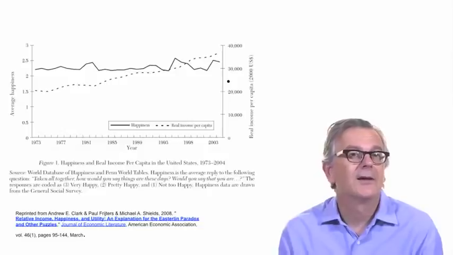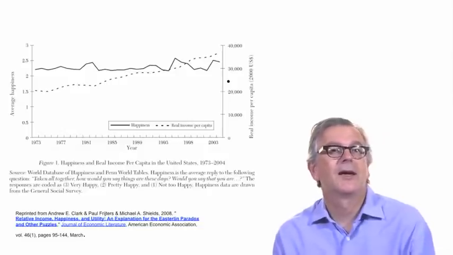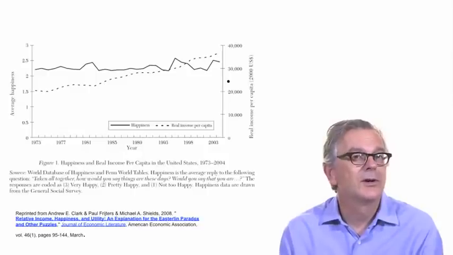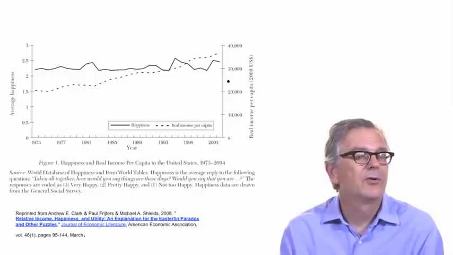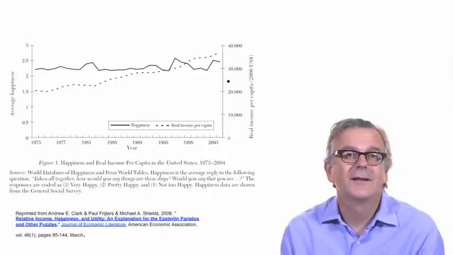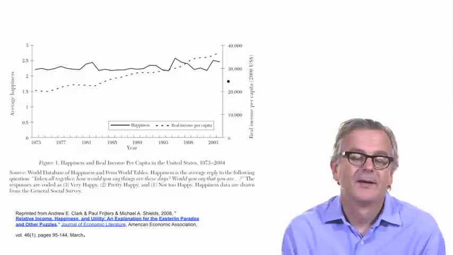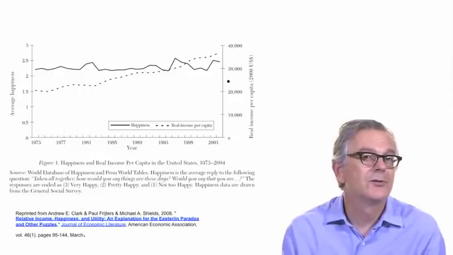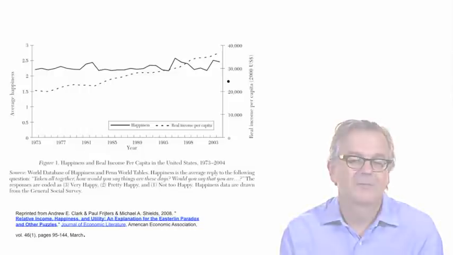Ultimately, the end result of all of this economic activity, one would like to think, is an improvement in people's welfare, an improvement in their life satisfaction, an improvement in their level of happiness. It turns out that this is a surprisingly controversial area in economics.